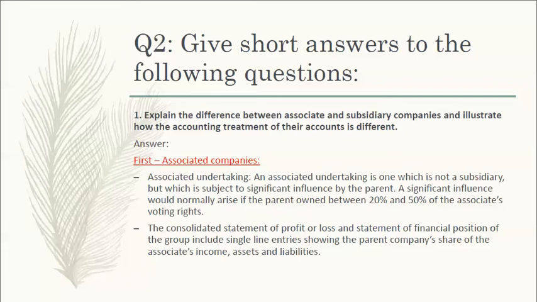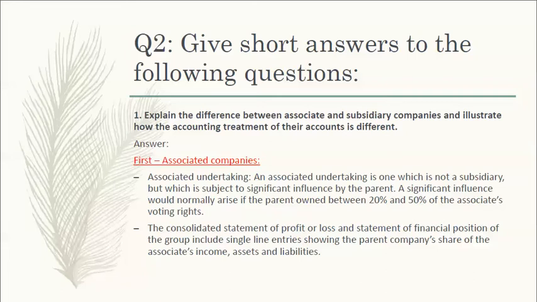Regarding first the associated companies, an associated undertaking is one which is not a subsidiary, but which is subject to a significant influence by the parent. A significant influence would normally arise if the parent owned between 20% and 50% of the associate's voting rights.